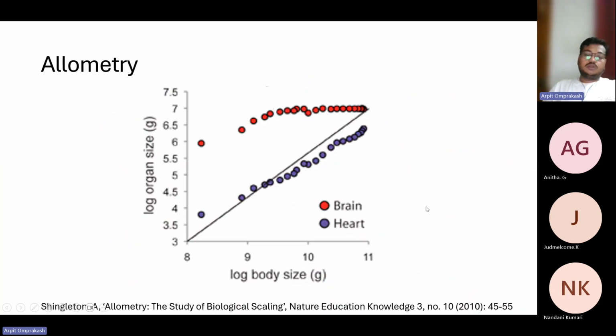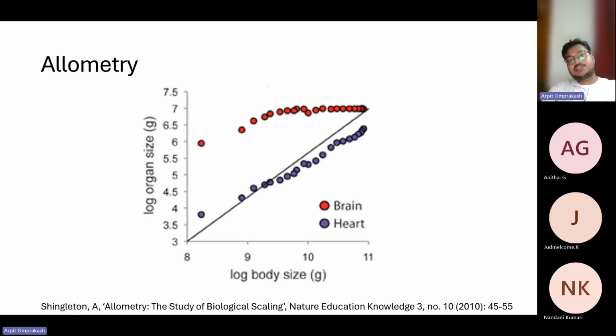Okay. So when we are talking about numbers and scales in biology, one very important field where numbers and scales matter is something called allometry.